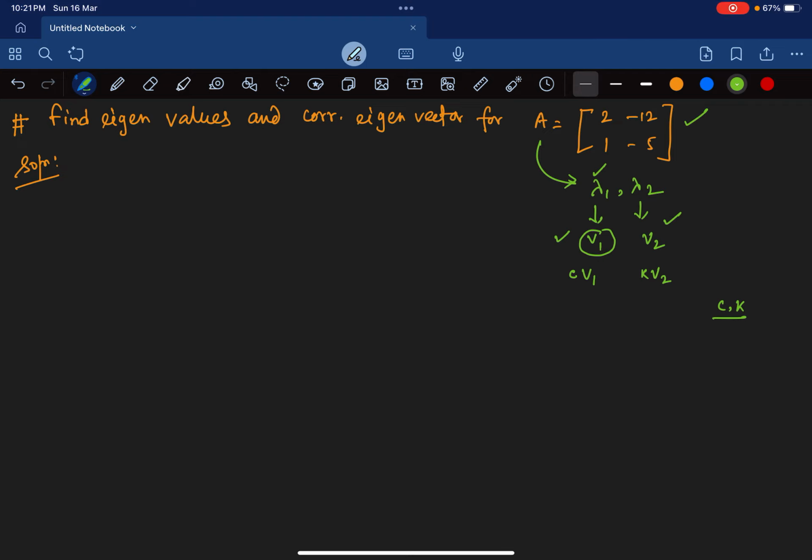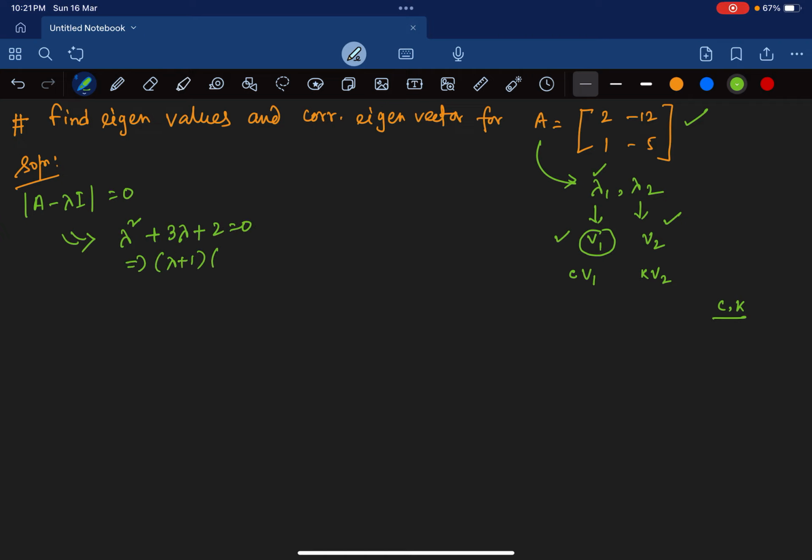For that we have this problem, so we'll try to find first the eigenvalues: |A - λI| = 0. You can set this one, or you can use that shortcut technique, and from here you will get λ² - (sum of the diagonal entries) λ, that is λ² + 3λ, and then you have the determinant, that is 2.